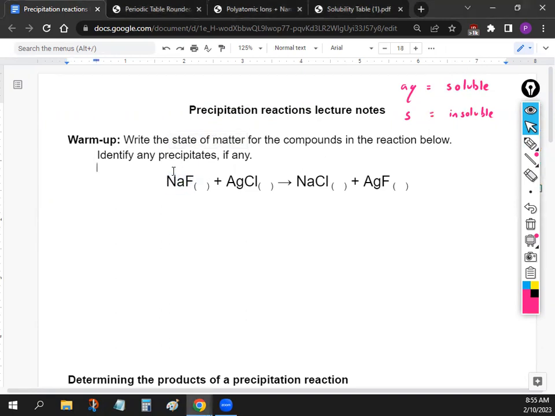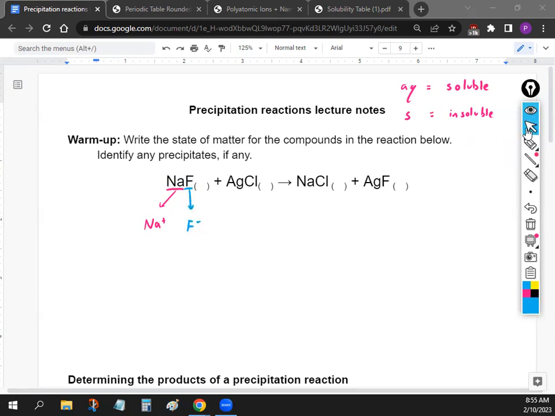All right, so what we want to do is identify the cation and the anion, so the positive and negative ion. We'll do this one kind of slowly in the beginning, and then we'll speed through them. So this first one right here is Na plus. This second one right here is F minus.